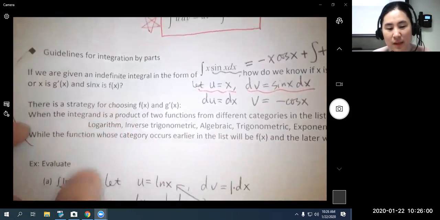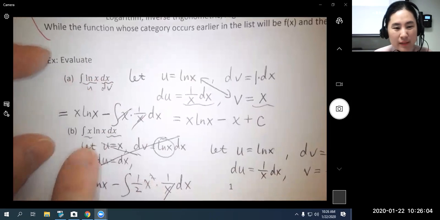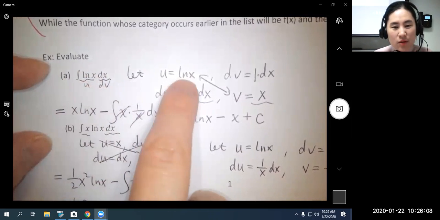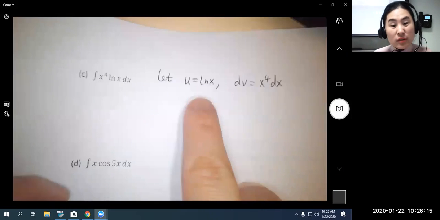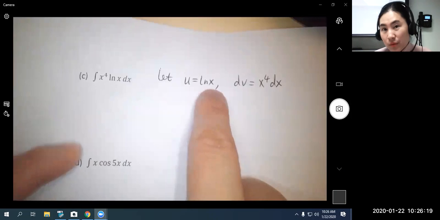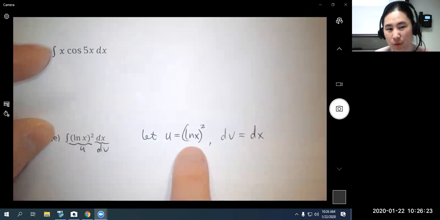So from our practice and experience, once an ln shows up, most of the time, I'm not saying 100%, every question depends, we let ln x, the natural logarithm, be our u.